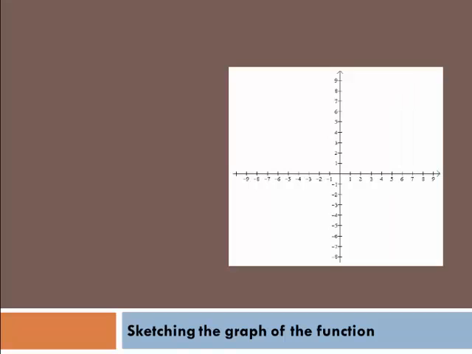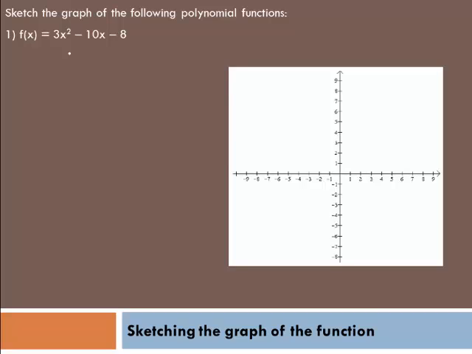Okay, so let's sketch the graph of this function. We need to know the zeros, so we're going to have to solve it, which we actually already did, so it'll be easy to solve again. We first set it equal to 0, then we factor it.